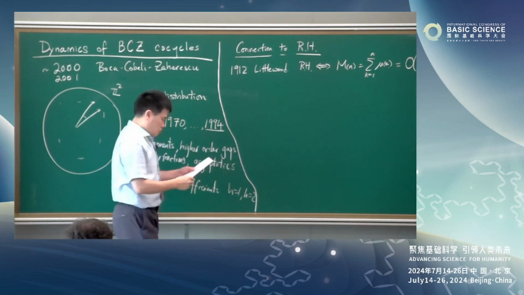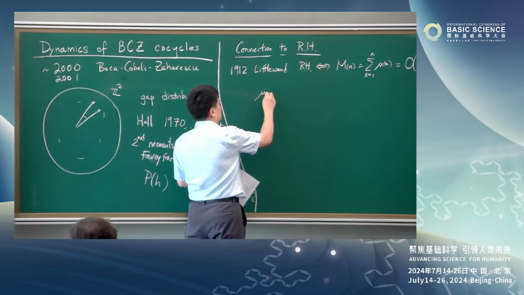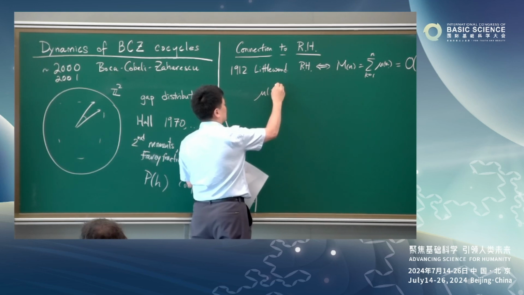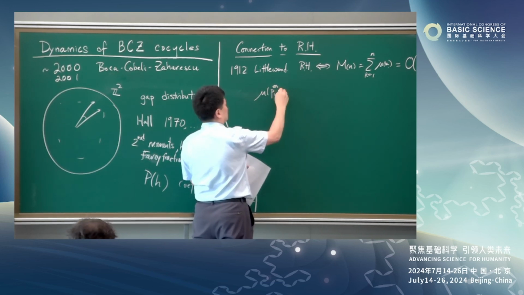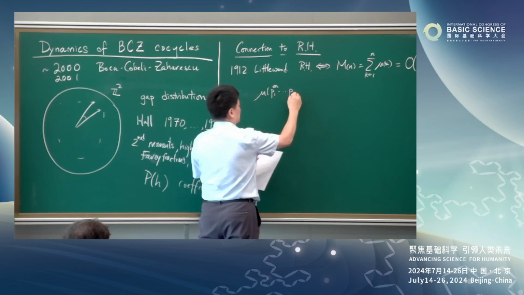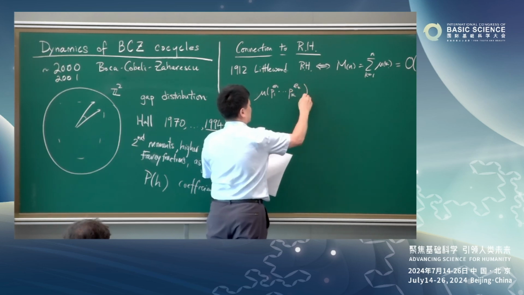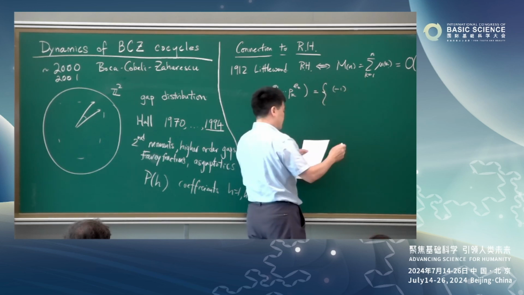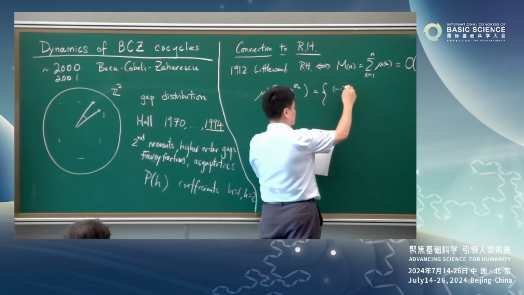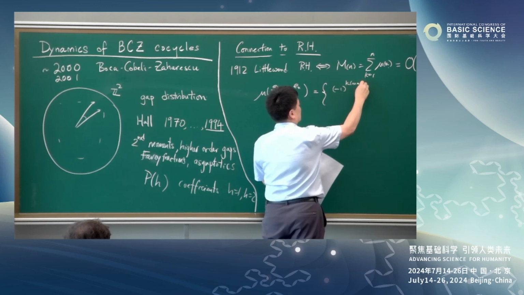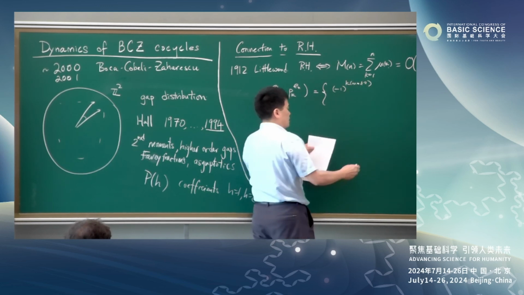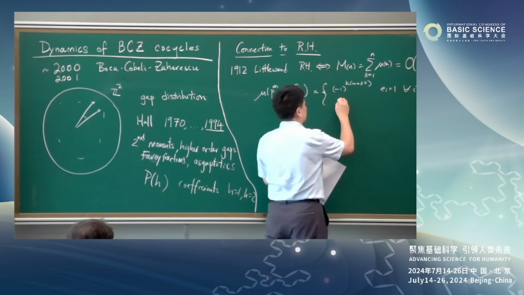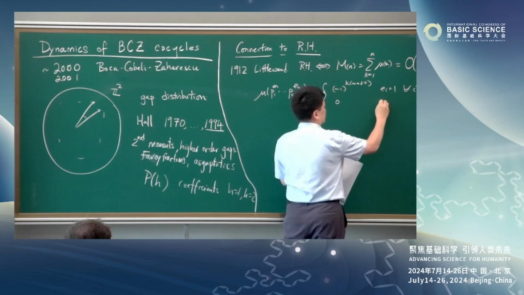Okay, so the Mobius function of a positive integer is just the parity of the number of distinct primes, and 0 if it's not square free.